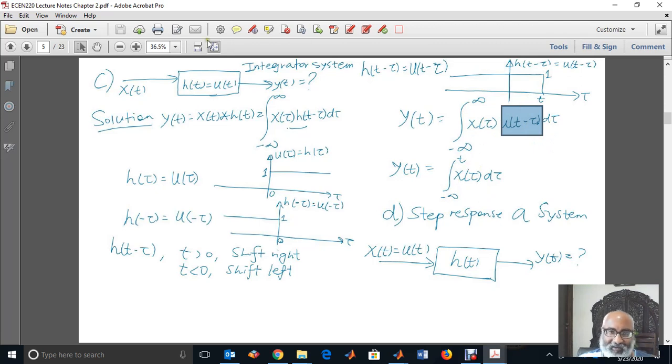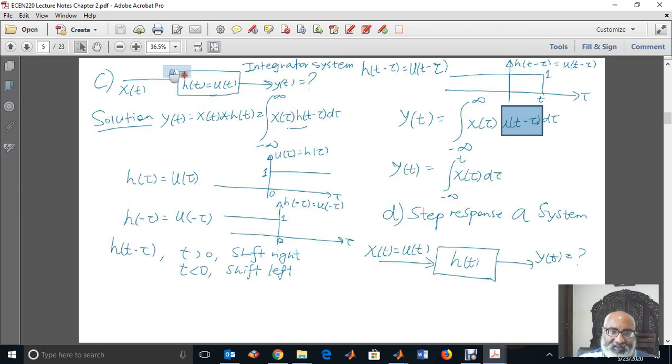So what happened is a very nice result. If the system impulse response is the unit step function u of t, then the output y of t is the integration of the input. That is, y of t is the integral from minus infinity to t of x of tau d tau.